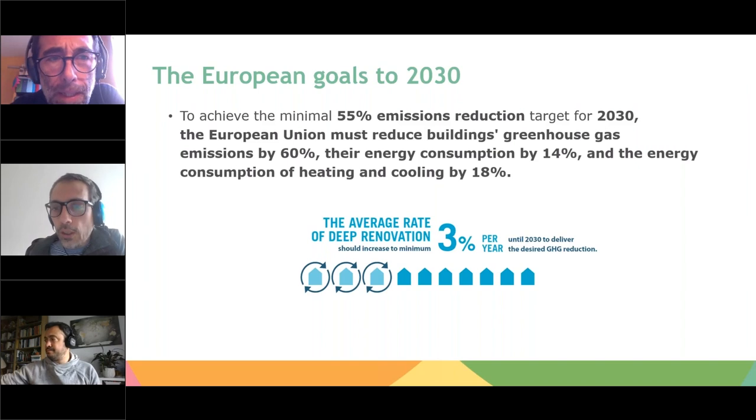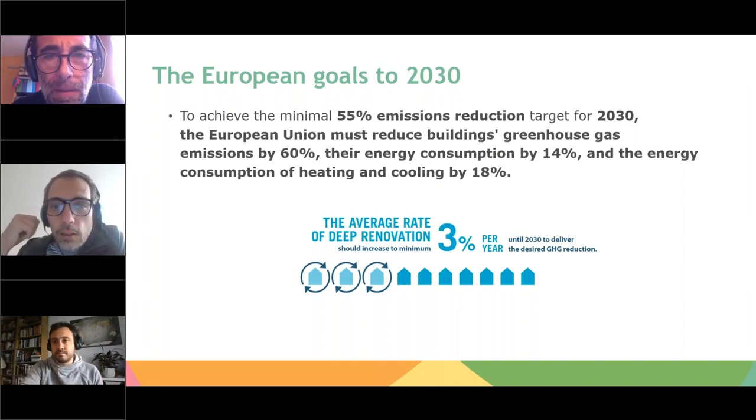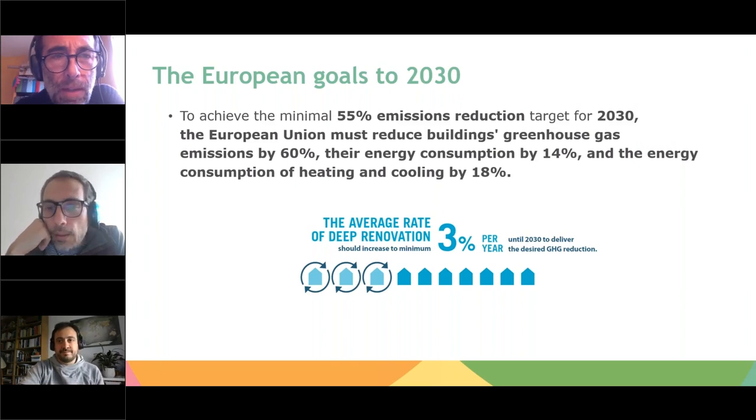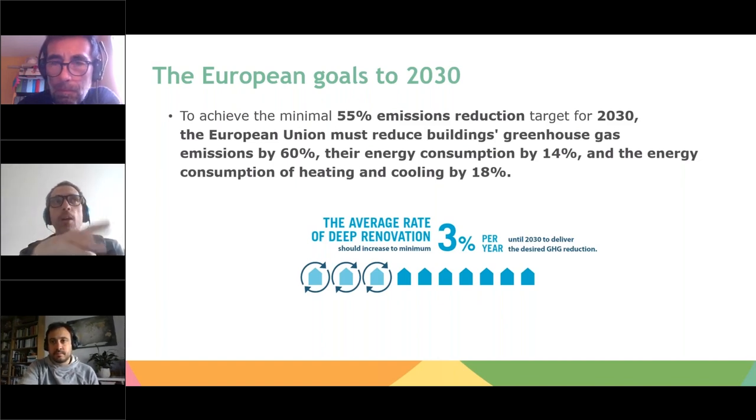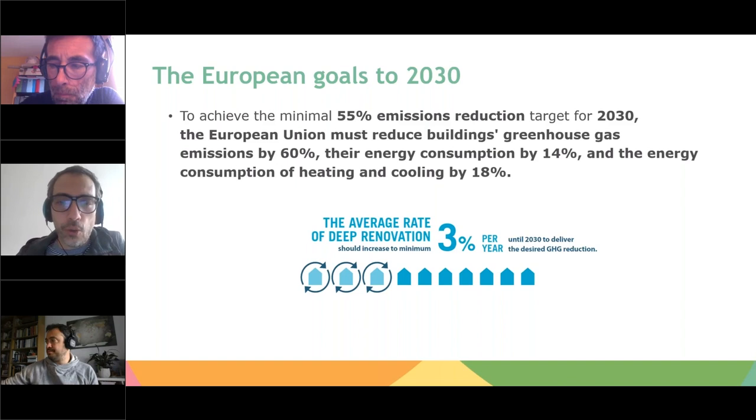Just for it to be clear to our audience, what does deep renovation actually mean? Deep renovation means that we take an old building, we change the envelope, we change everything, and we transform this old building into one that satisfies the current construction regulations.